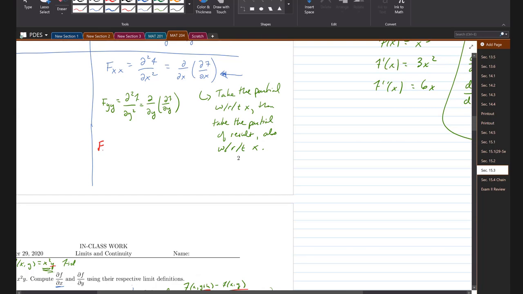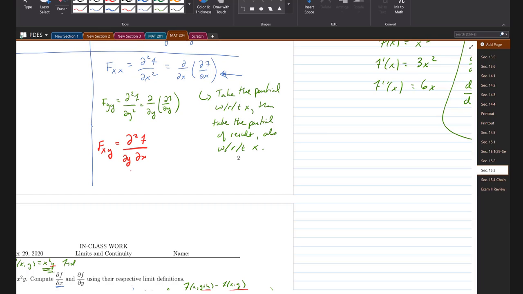And so I'm going to have f sub x, y, and that's equal to partial squared f, partial x, partial y. I don't know if I read that in the right direction, but that's how you write it. And here the order does matter for a moment.